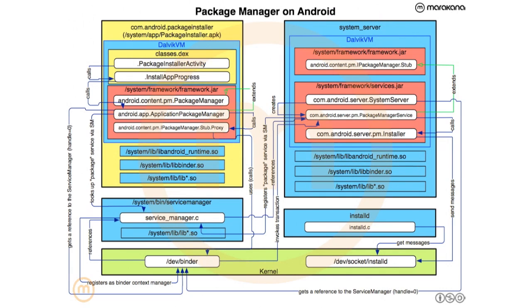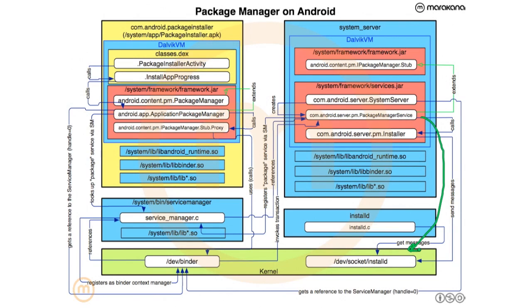So what does it do? Well, on Android, we have a separate daemon called installd that does run as root and does have that capability to create a directory structure for this about-to-be-installed application. So the package manager service sends a request via this installer down into installd.